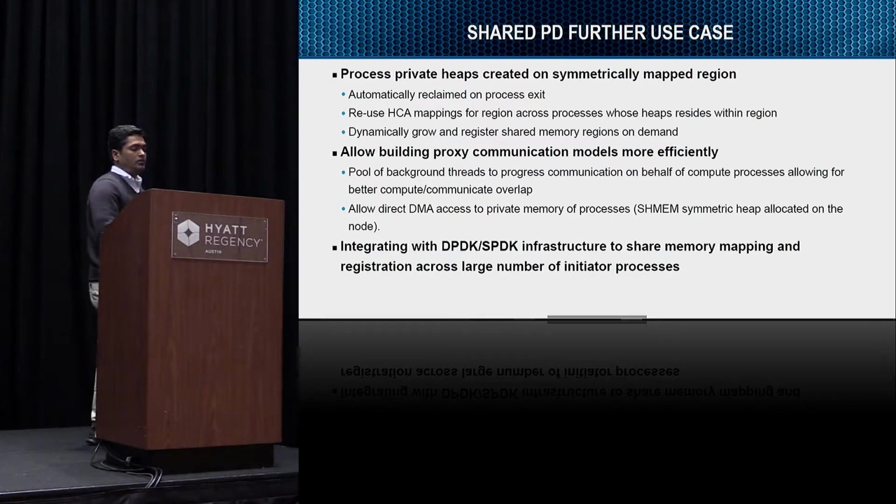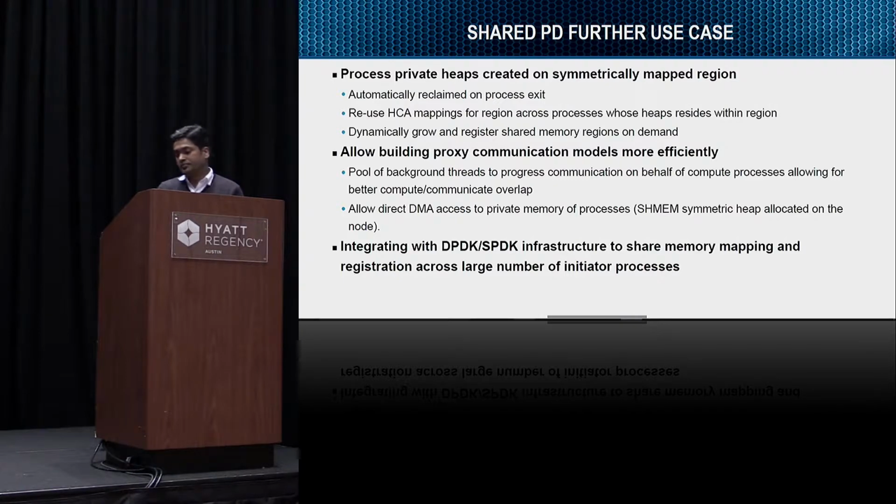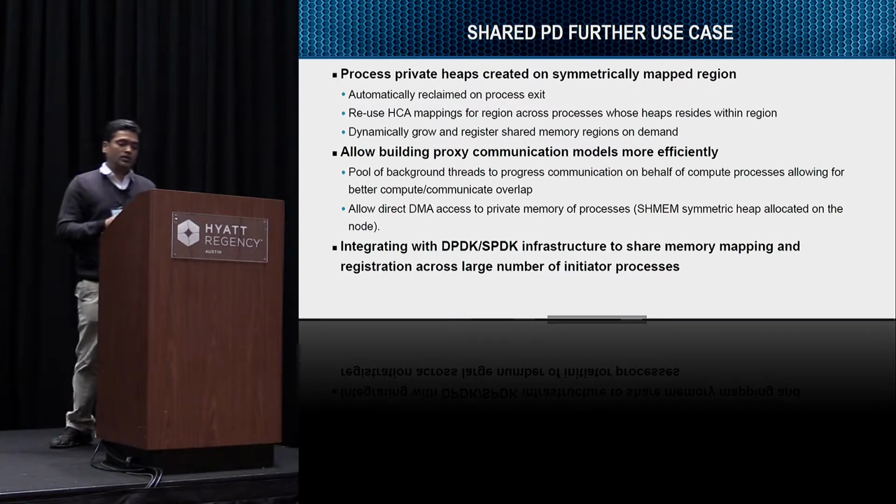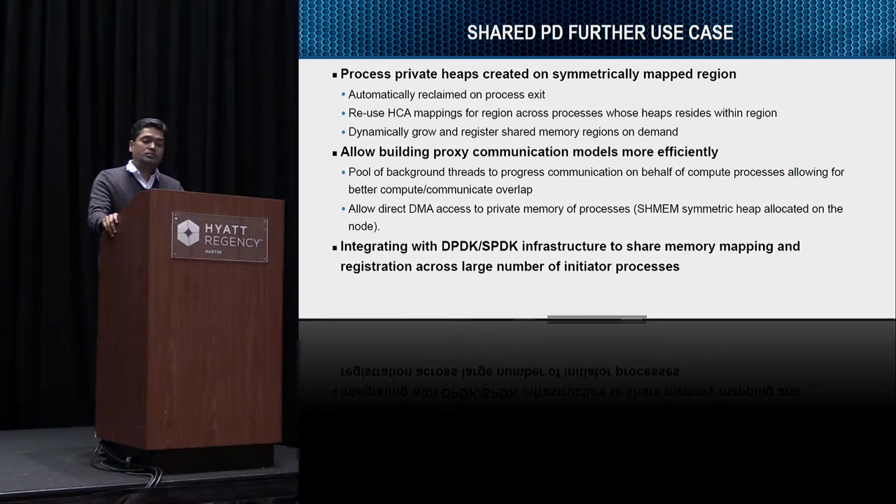There are a couple of further use cases we have been exploring. One was really we talked about all shared memory. We're also thinking about the process private heaps coming out of a large MR, and these heaps are like blocks of memory, part of this large MR. I don't know that I mentioned, but all this memory is backed by huge pages.